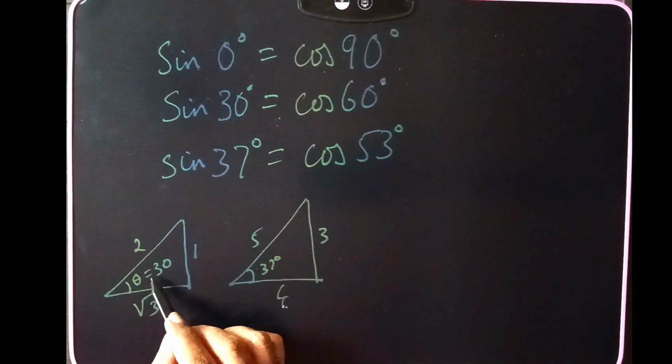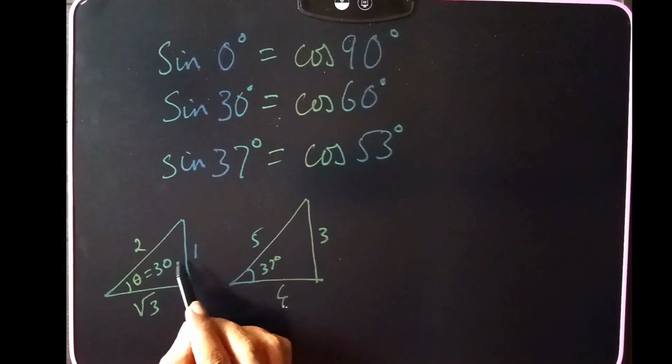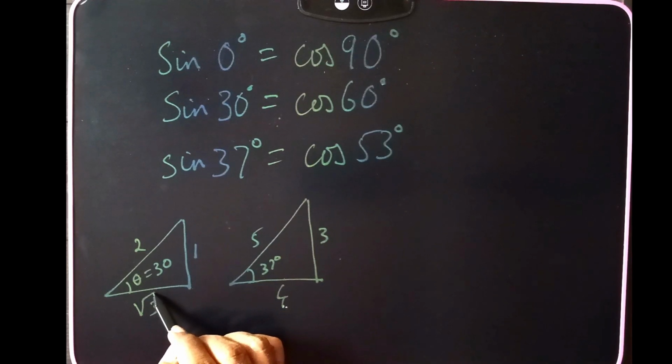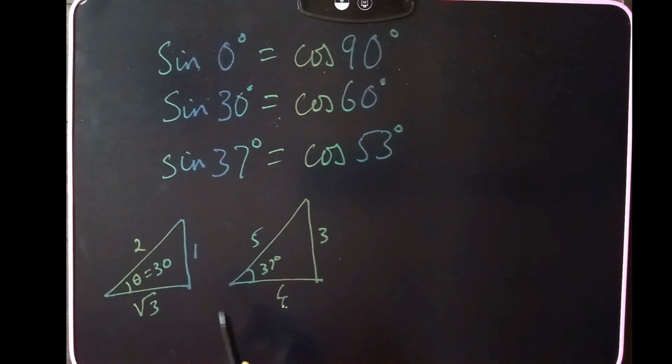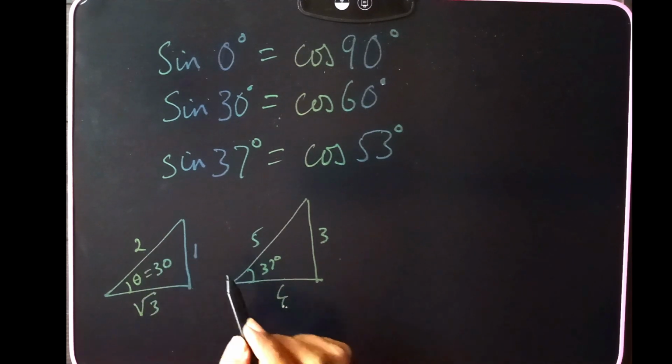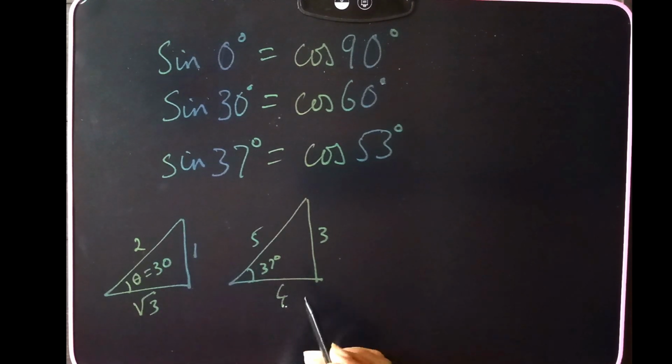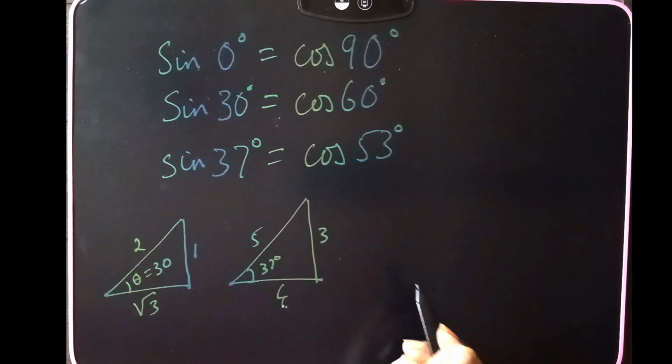So sine of 30 is 1 by root 3. Is it right? Sorry, sine of theta is 1 by 2, opposite by hypotenuse. What am I thinking? 1 by hypotenuse.